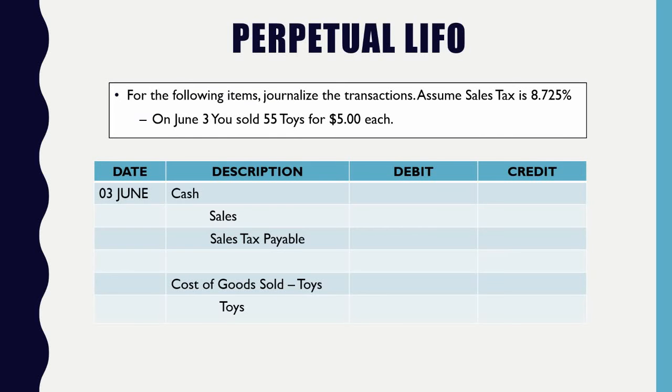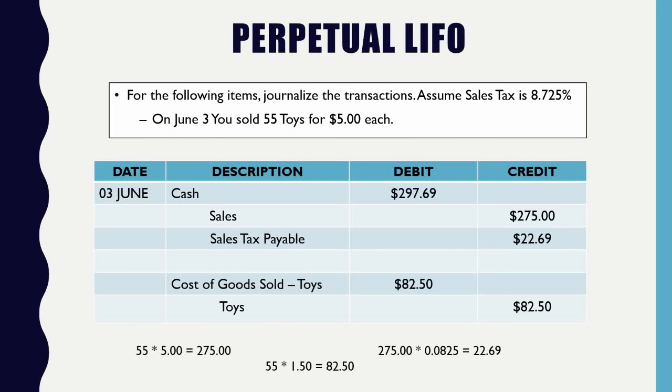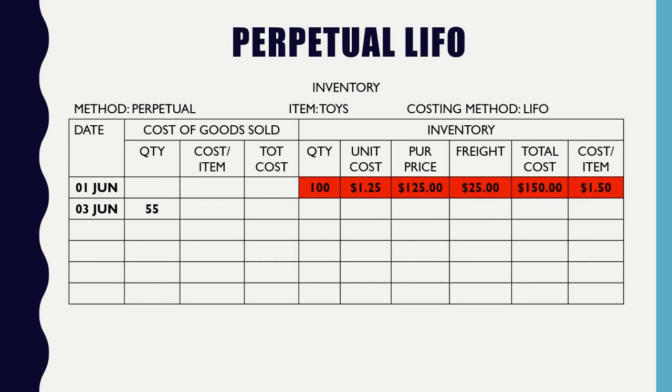Then the next thing that happened was you sold 55 toys. Looking at my inventory worksheet, I can't really apply my LIFO method because I only have one batch, and if I only have one batch, that's the only one you're going to eliminate from. So this is universal.